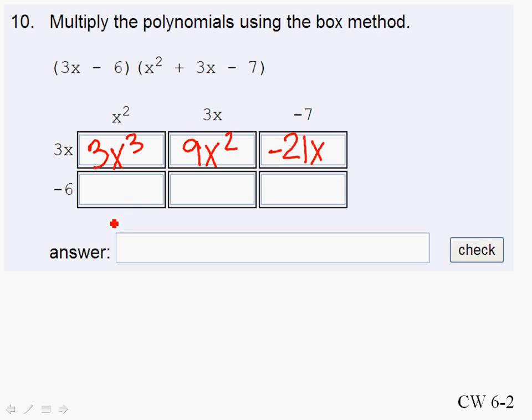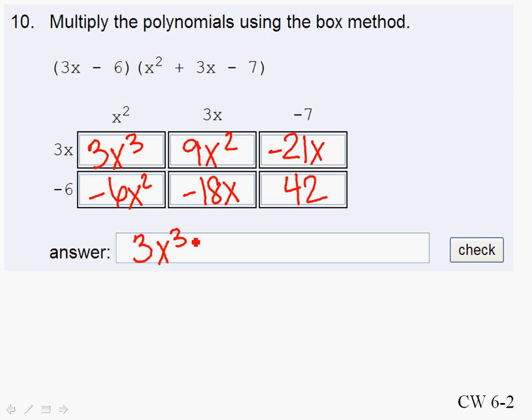Then in our next row, we've got negative 6 and x squared gives us negative 6x squared. Negative 6 and 3x gives us negative 18x. And negative 6 times negative 7 gives us a positive 42. Now we combine the like terms. So we have 3x cubed.